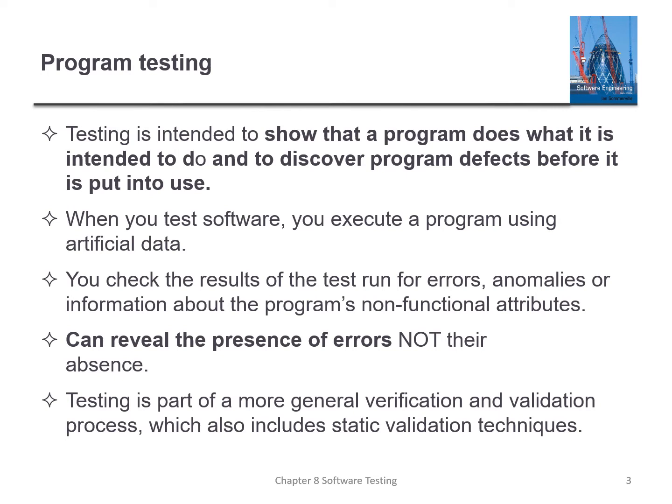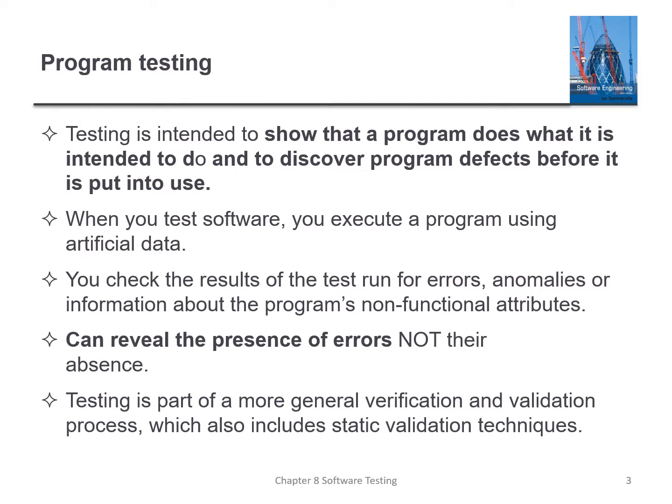Okay, when you do testing, sometimes the system is not fully ready, so you'll be using some artificial data. You make your own data. Sometimes, in order to reveal the program defects, you will be running it using all sorts of data that is meant to reveal the errors.